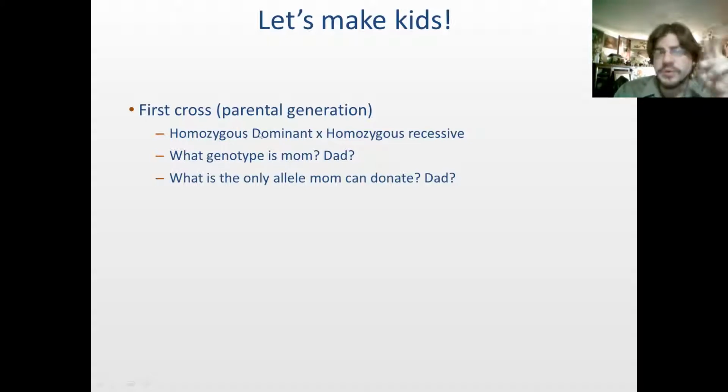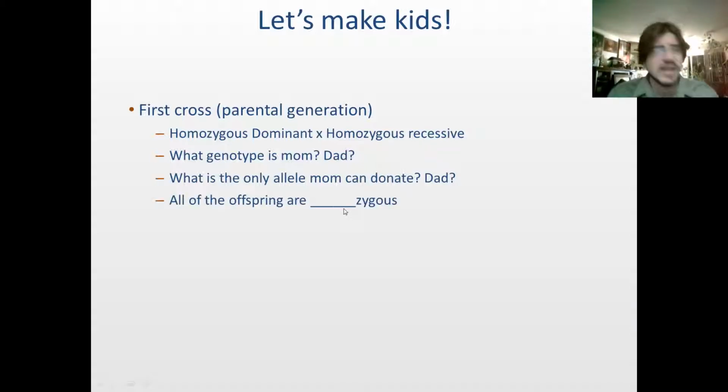Because both her alleles are dominant, it doesn't matter which one of those two alleles she randomly gets, it's dominant. And then with dad being homozygous recessive, both his alleles are recessive, so it doesn't matter which random one of those two he gets, it's recessive. So all of the offspring are, once more with feeling, heterozygous.